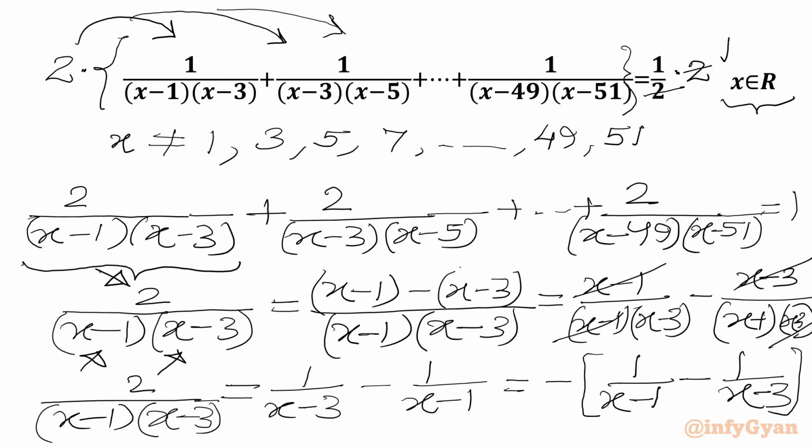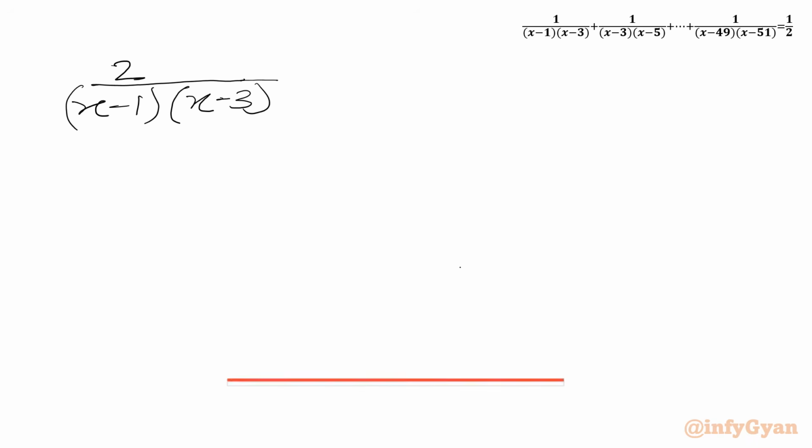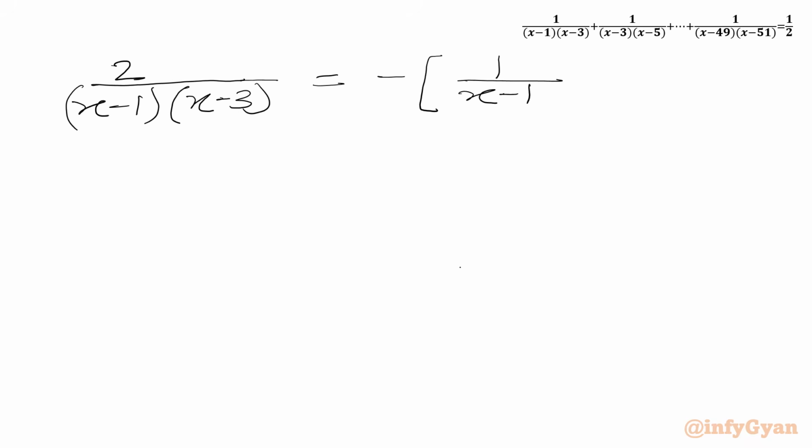So our first term is 1 over the first bracket of the denominator minus 1 over the second bracket of the denominator, with minus sign overall. So let me write here 2 over (x minus 1)(x minus 3) equals minus, in bracket, 1 over x minus 1 minus 1 over x minus 3.